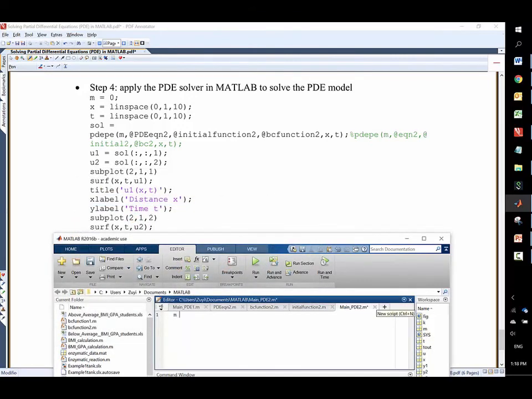Again, we need to discretize x and y linspace 0 1 with 10 sampling points, then t linspace 0 and 1 with 10 sampling points, and then we get solution equal to pdepe.